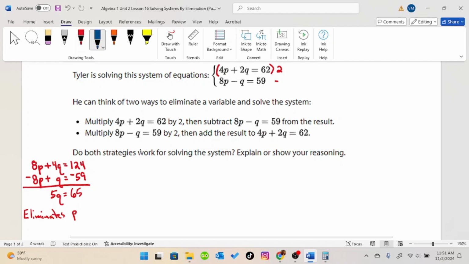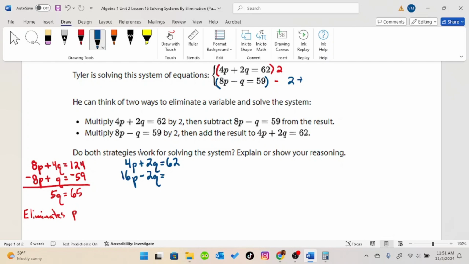Now the other thing he said to do was multiply the bottom equation by 2 and then add them together. So if we do that, the top stays the same. 4p plus 2q equals 62. 2 times 8p is 16p. 2 times negative q is negative 2q.